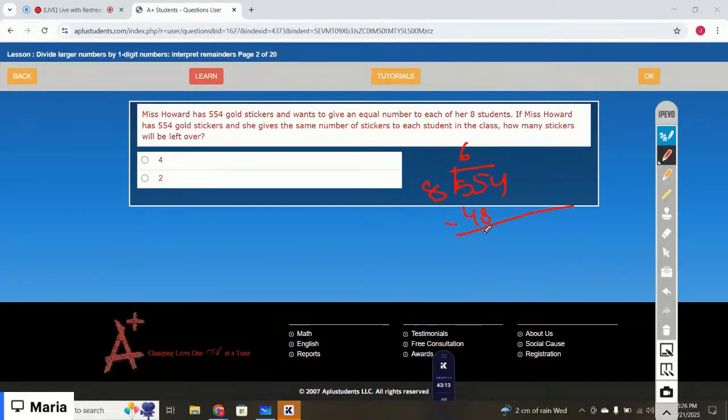8 times 6 is 48. 55 minus 48 is 7. We need to bring 4 down. 8 times 9 is 72.